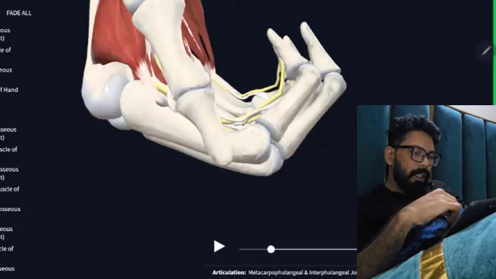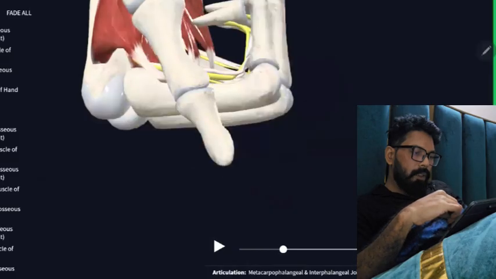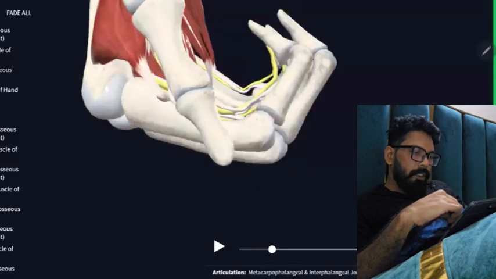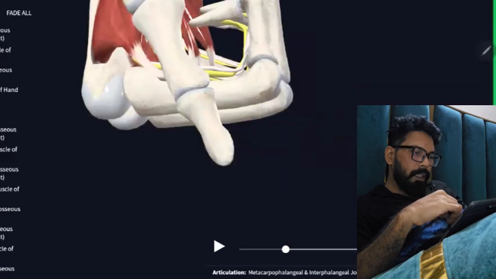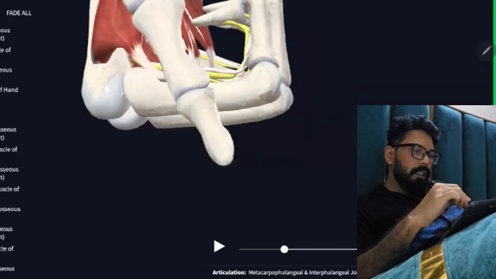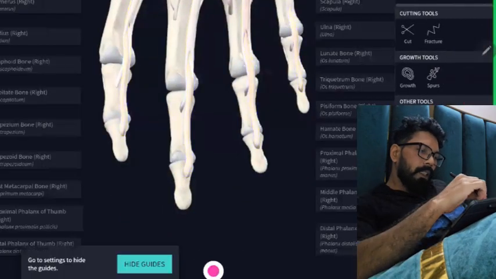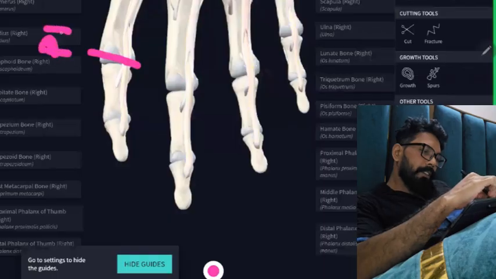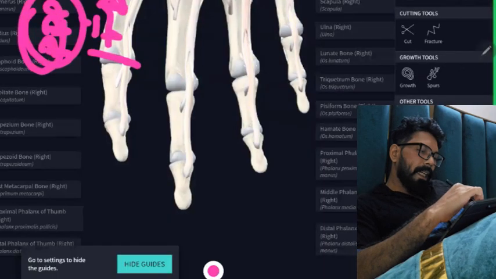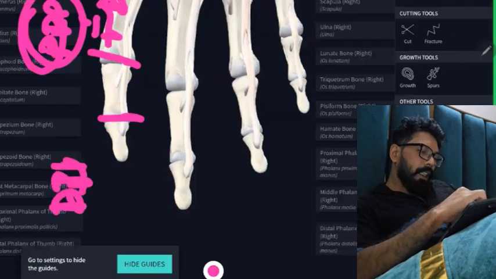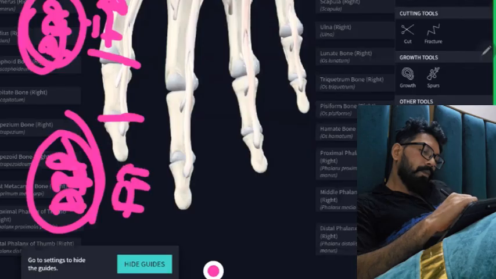The distal interphalangeal joint is flexed by your flexor digitorum profundus. Okay, so now you know that the proximal interphalangeal joint is flexed by flexor digitorum superficialis, and the distal interphalangeal joint is flexed by your flexor digitorum profundus.